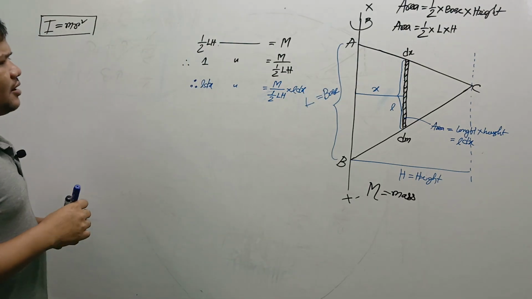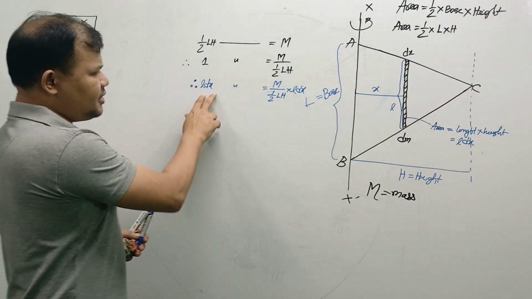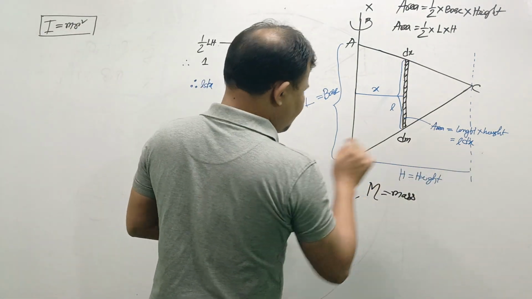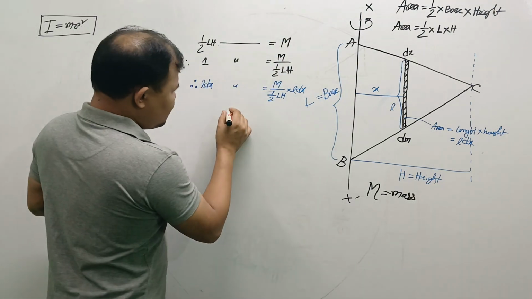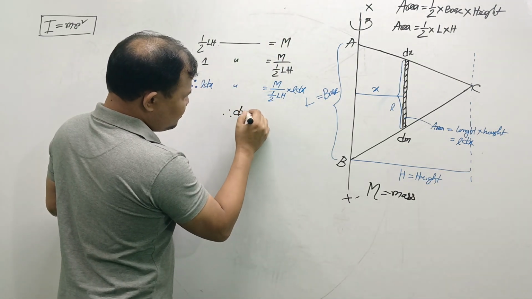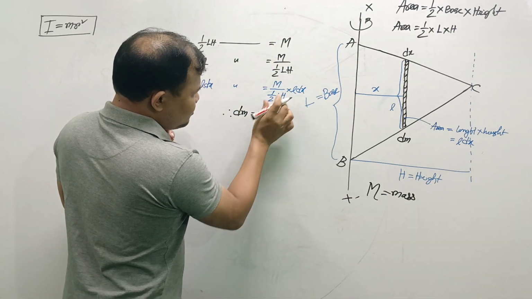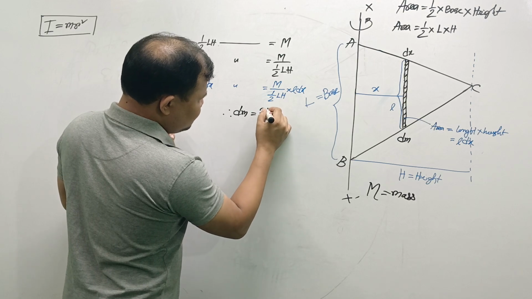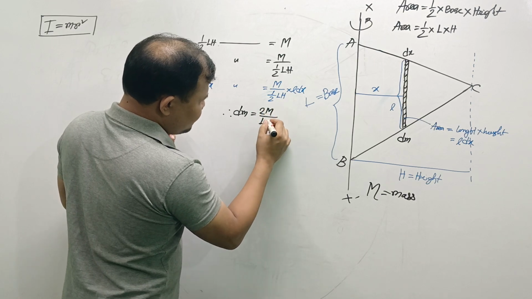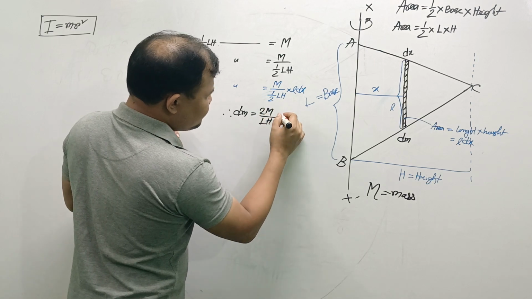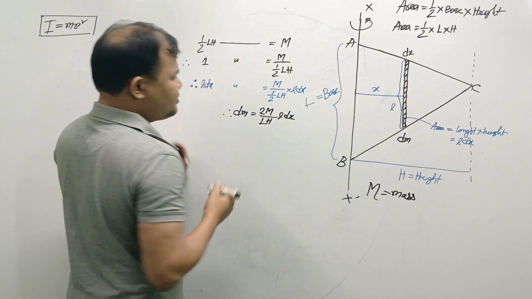So we can denote this small area's mass by dm. We can write dm is equal to 2M divided by LS into L dx.